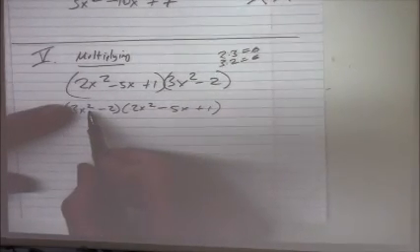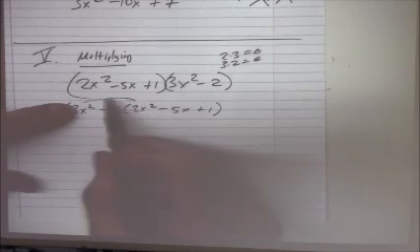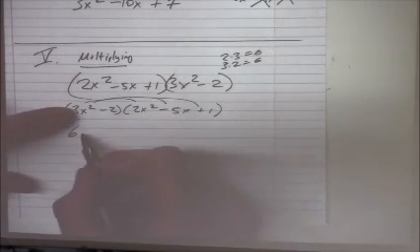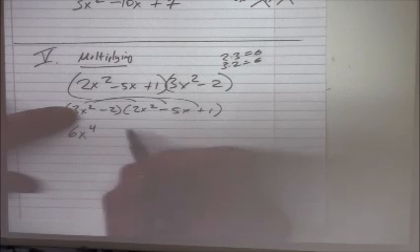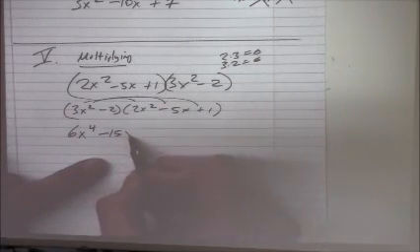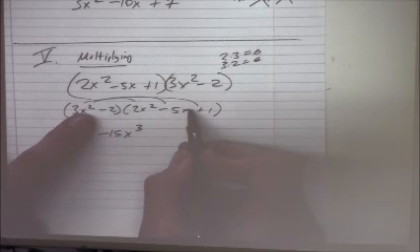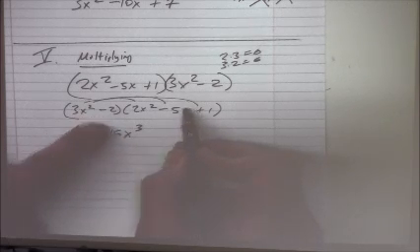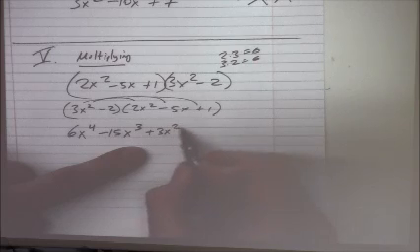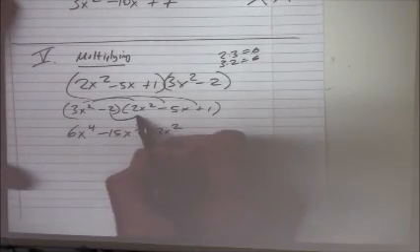So I'm going to do first the 3x squared times each one of these three things. 3 times 2 is 6. X squared times x squared is x to the 4th. Then I'm going to do it to this one, negative 15x to the 3rd power, those exponents. And then 3x squared times 1 is just 3x squared. Then I'm going to do it here.